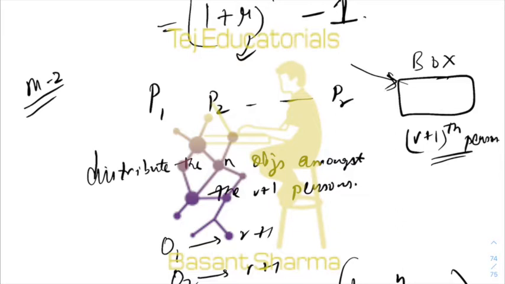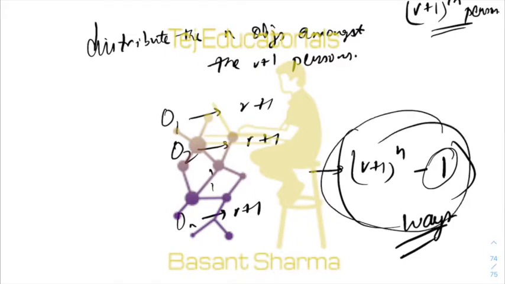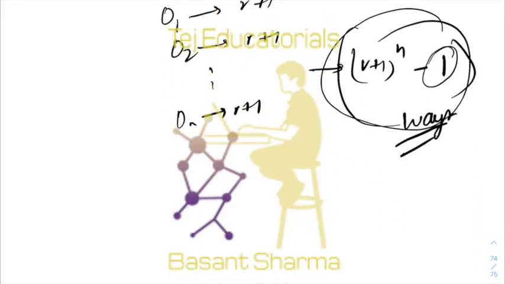But there will be one case when every object is put in the box, which means no person gets any object at all, but according to the given condition, at least one object must be distributed amongst the r persons. So we subtract that case. So this is an alternative explanation to understand this result.